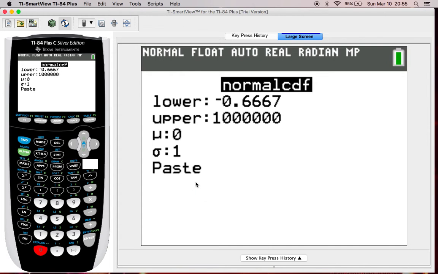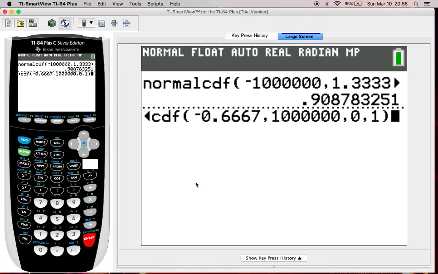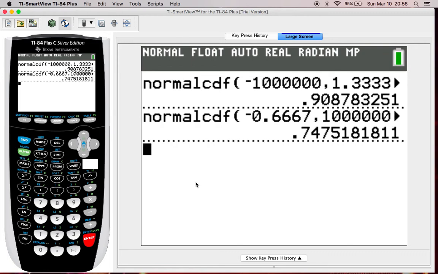So we're just going to put in 1,000,000. Keep your mean and your standard deviation the same. Hit enter for paste. So now this is what you should have. Normal CDF, start calculating at -0.6667, stop calculating at 1,000,000 or basically infinity, 0, 1, enter. And here we find 0.7475.